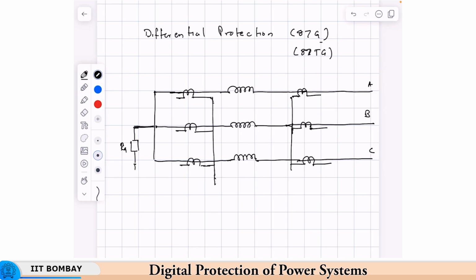So, this is the star point and they will be connected, and this is grounded. Okay. Now, just for the sake of drawing, this will be connected to the A phase CT.